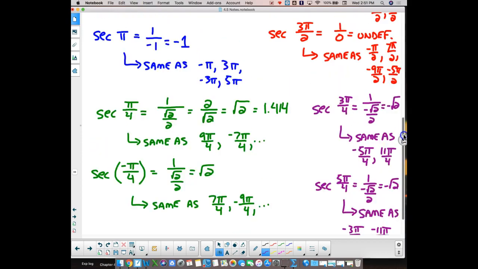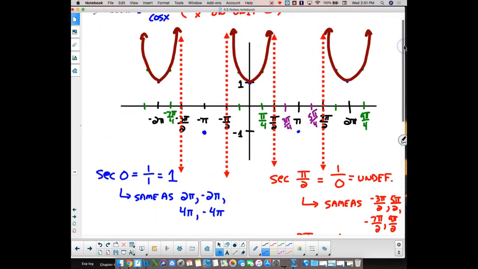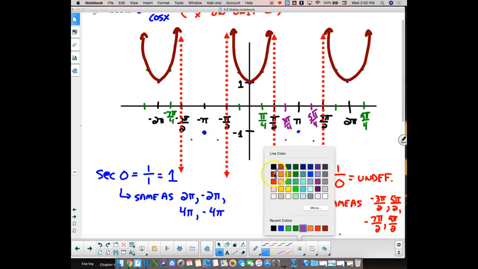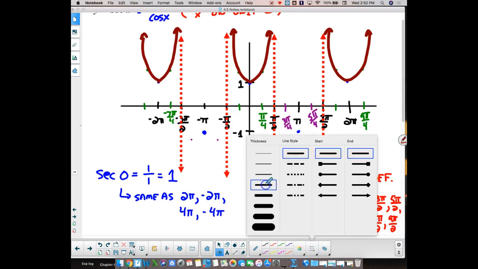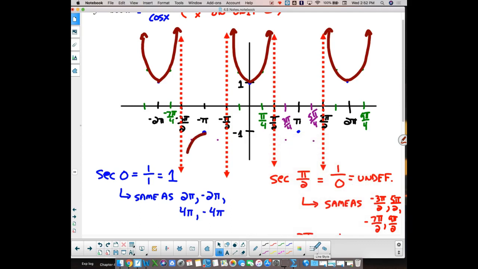So those are negative ones, or excuse me, negative root 2 over 2, and negative root 2 over 2. So that one looks like that.